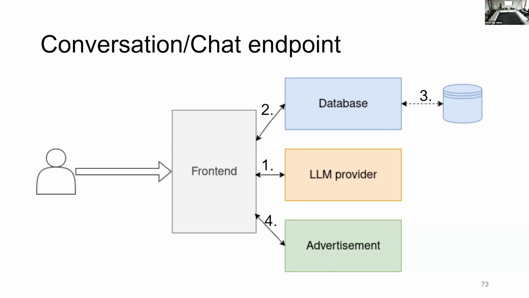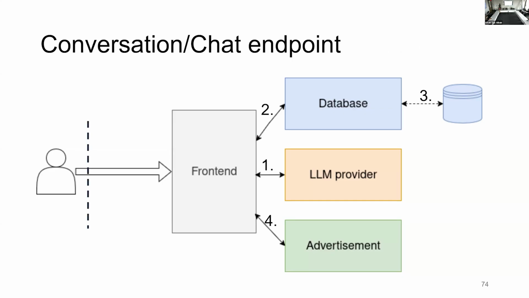The user sends some conversation to the front end. The LLM service provider processes this conversation, infers, generates some tokens, and then the front end, if allowed, stores the user conversation in the database, and then tries to retrieve ads for that specific message.